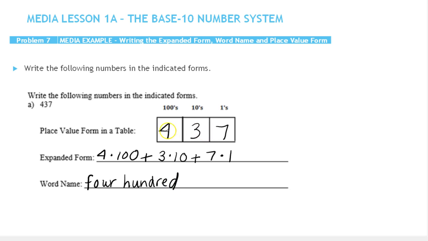Now we don't write 4 hundred, 3 tens, 7 ones. We actually look at the last 2 digits, okay? We're not going to write 3 tens. Remember, we have special names for numbers in the tens place. So we have 10, 20, 30, 40, 50, 60, 70, 80, 90. So you have to know those special words, which you're probably familiar with by now. And if not, they're on the previous slide. So for 3 tens, we would write thirty.